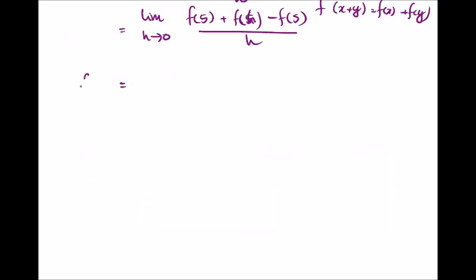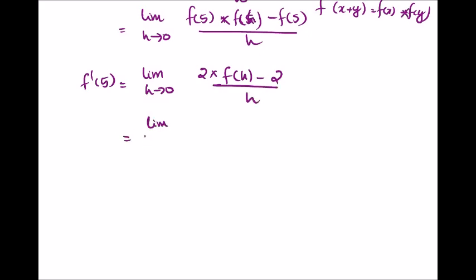That's equal to f dash of 5 is equal to limit h tends to 0. We'll put f of 5 is equal to 2. That is 2 into f of h minus 2 divided by h. Take this 2 as common.